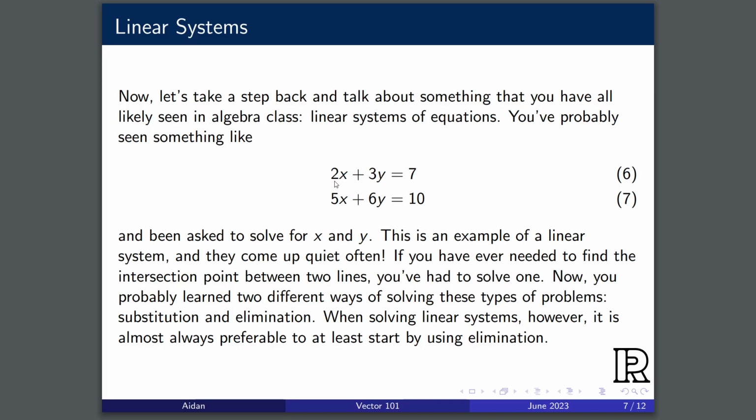So you have some number times some variable, and that variable isn't squared, or there's no square roots. It's just number times variable plus some other number times some other variable, and then equals some other number, right?